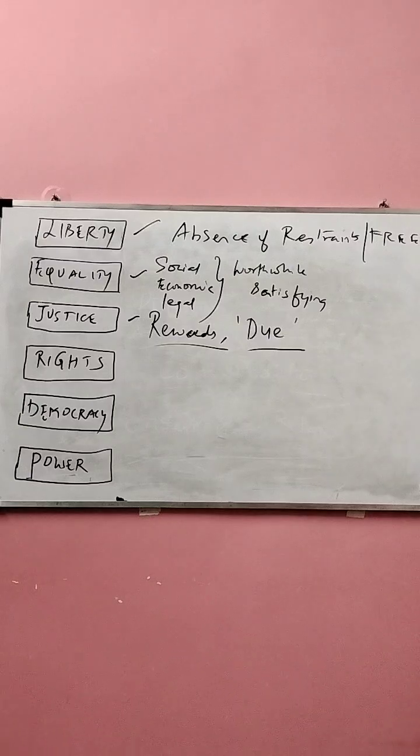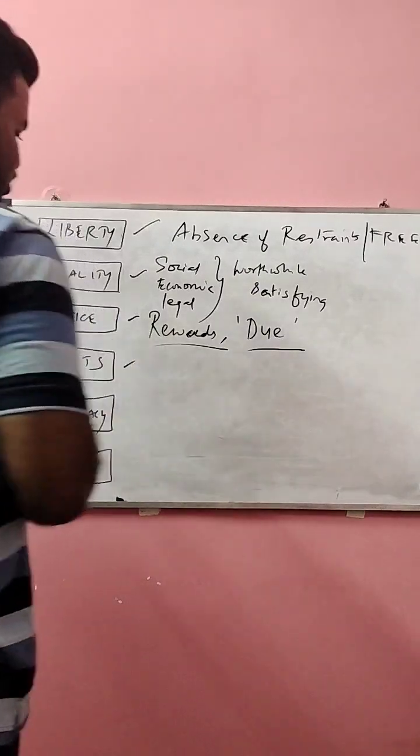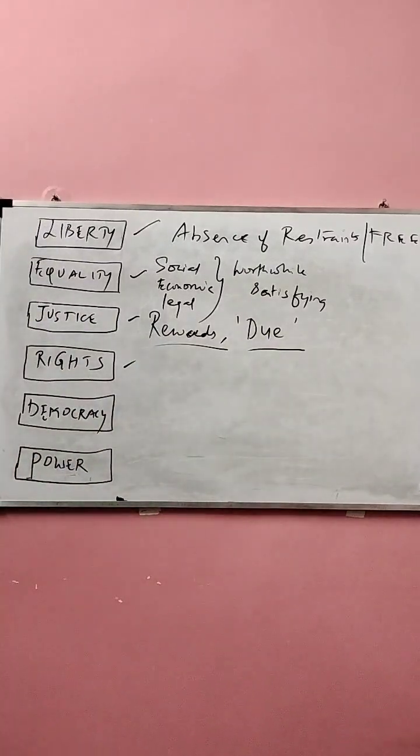Fourth is rights. In the ancient period, the concept of rights was largely seen in the negative sense. It was seen through privileges. The king had privilege, the ruling class had privilege. The common people were not considered equal to the ruling elite.